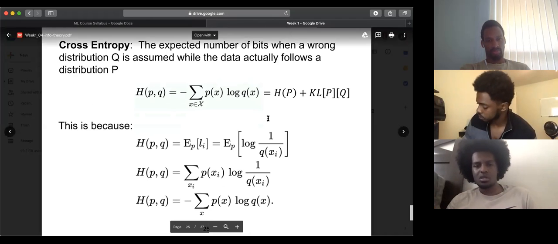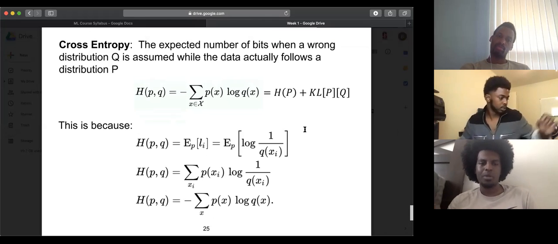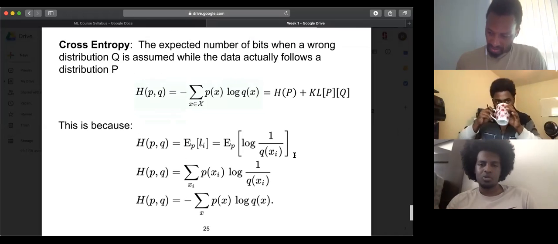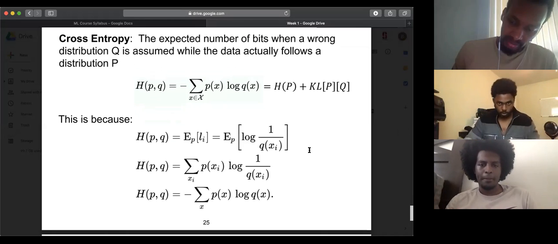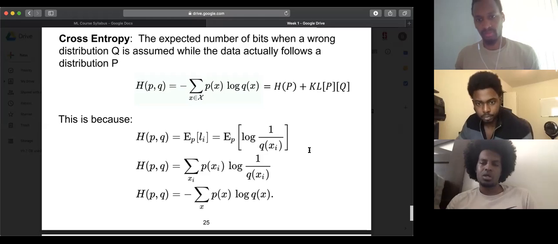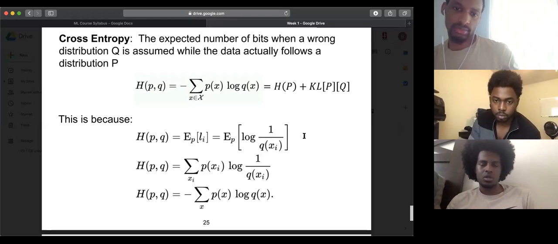And honestly, there are very few times where you'll be calculating this by hand because it's a core metric. It's like a core package feature in PyTorch and TensorFlow and Keras. So you won't need it, but it is a measure of how many bits it will cost you to be wrong about your assumption of that second distribution.